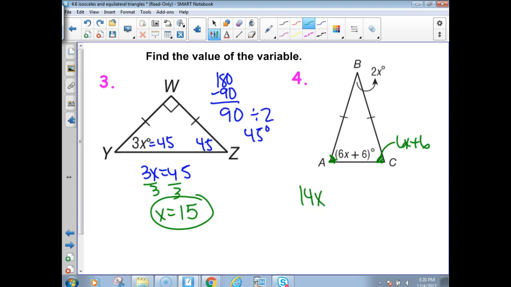Okay, that's the good part. Plus 12 is 180. You got to add them all up for number 4. And then you can solve that. I want to make sure you have good examples. So that's 168, and then dividing by 14, you should get 12.